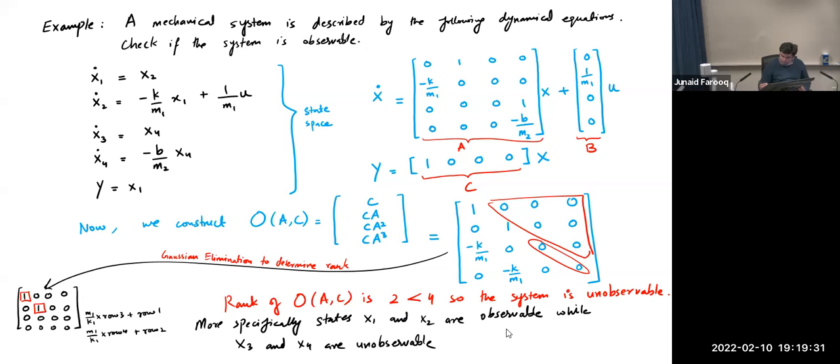Okay, so observer canonical form is a similar idea, and the whole point is to make the design of observers more convenient. So formally, the observer canonical form of an LTI system is A observable.